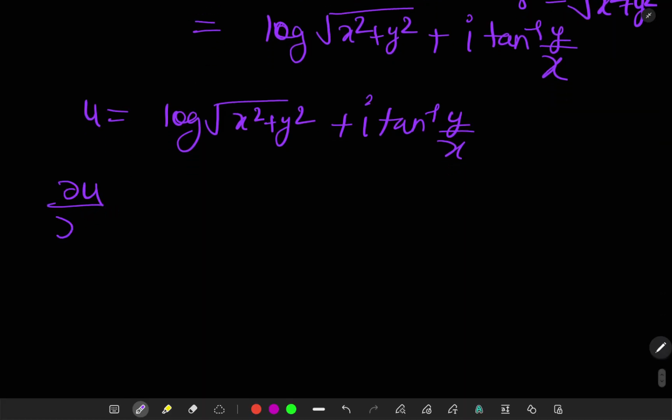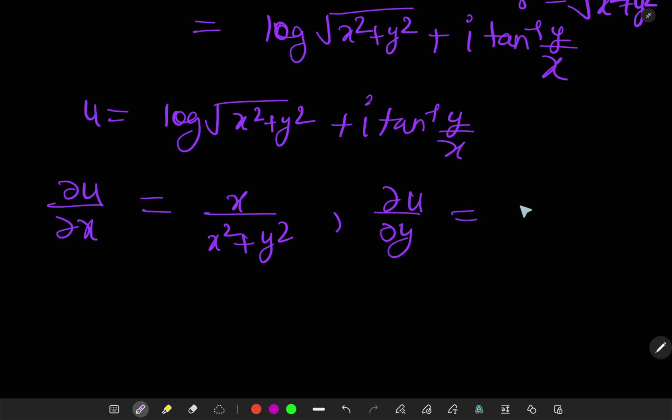Let's find the value of del u over del x. On partial differentiation, we get this value, and del u over del y we get this value.